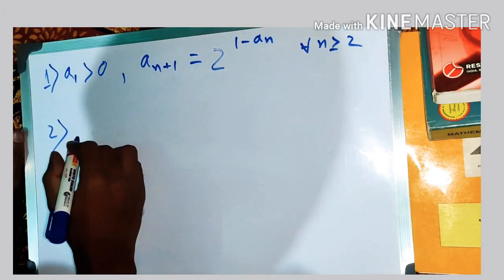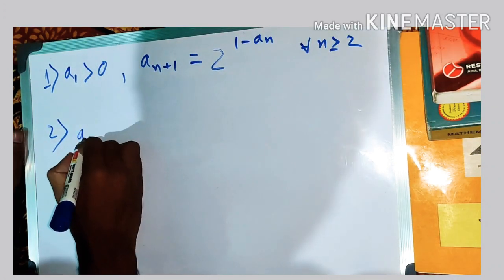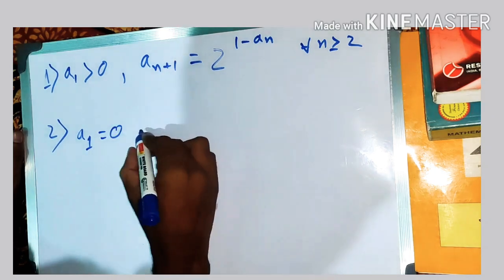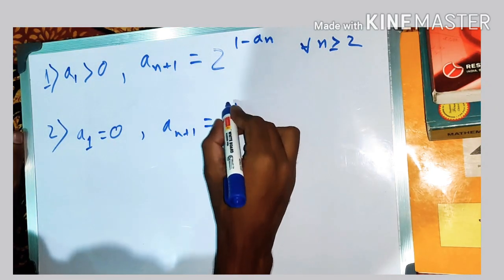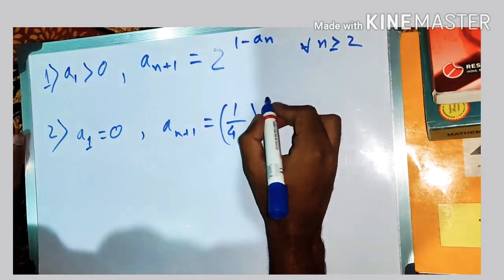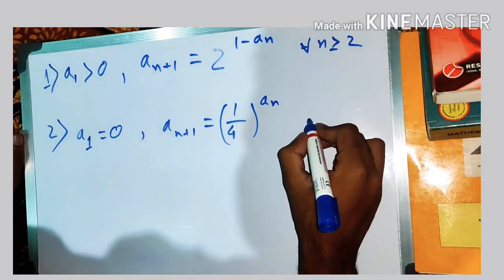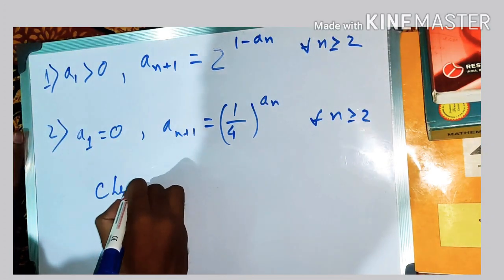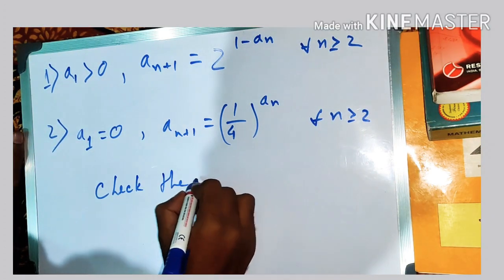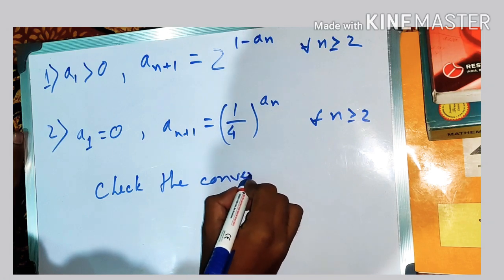And the second is a1 equals 0, an plus 1 equals 1 by 4 to the power an for n greater than or equal to 2. Check the convergence.